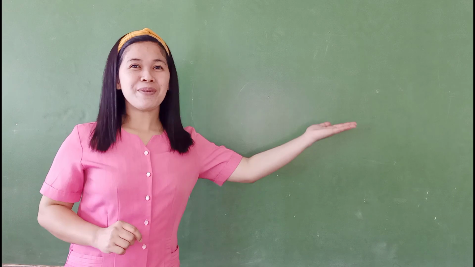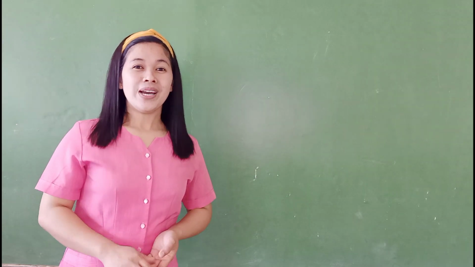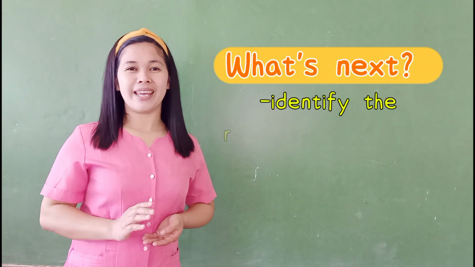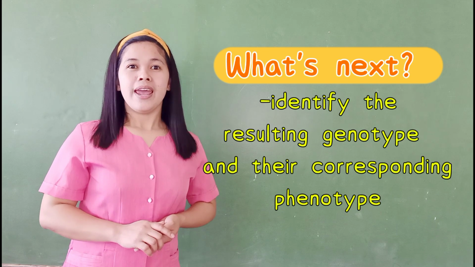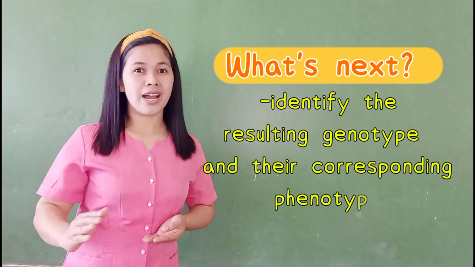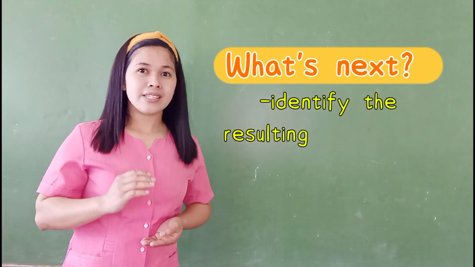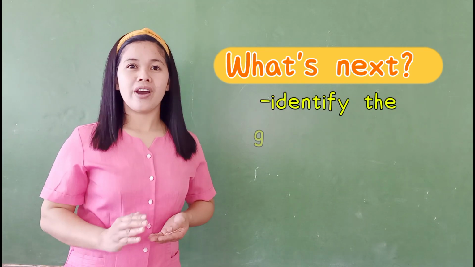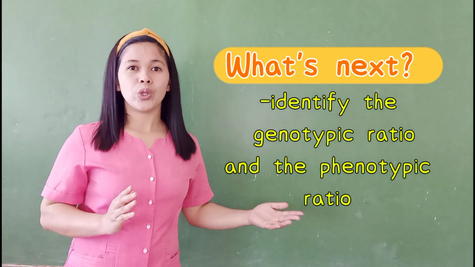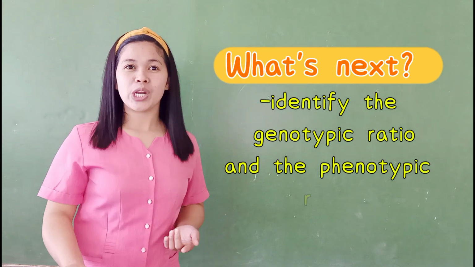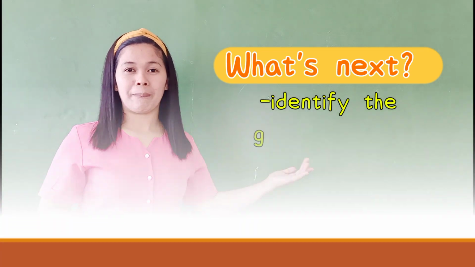Now, you have the Punnett square. Once the Punnett square is completed, identify the resulting genotypes and their corresponding phenotypes. This is followed by identifying the genotypic and the phenotypic ratio to satisfy whatever is required by the given problem.